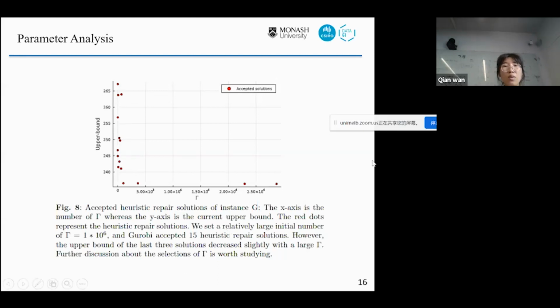From this table, we can see there are about 15 accepted solutions, where the x-axis is the number of tau and the y-axis is the upper bound. We have 15 accepted solutions, but the last 4 didn't change too much.